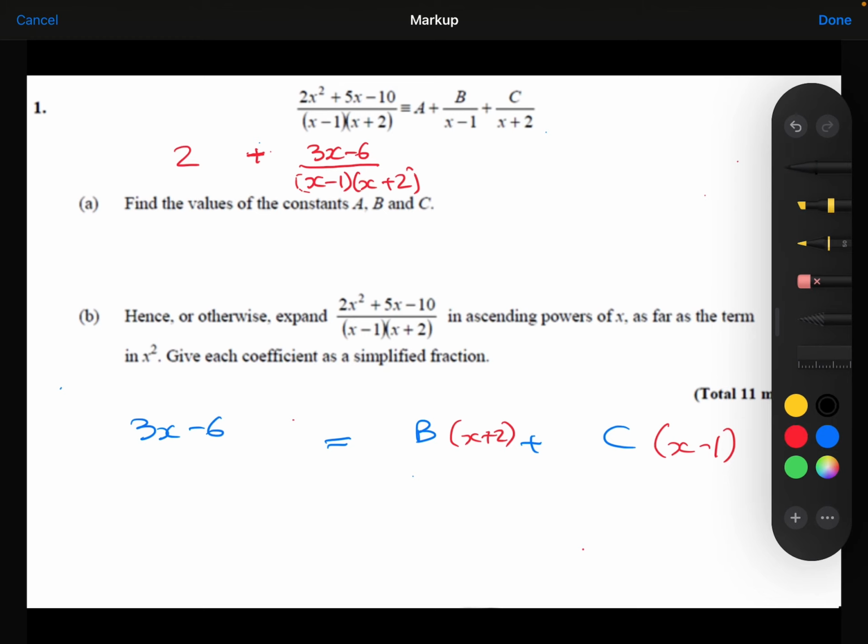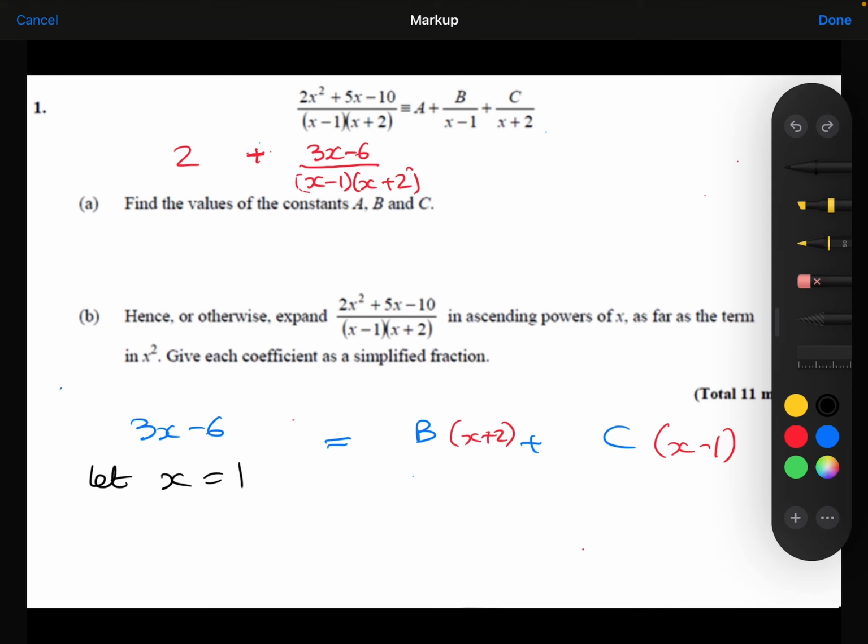To do this I'm going to find b and c. I'm first going to let x equal 1. The reason I'm picking x to be 1 is that it makes this term 0, because I get 1 minus 1, and that makes it much easier to work out the b term.